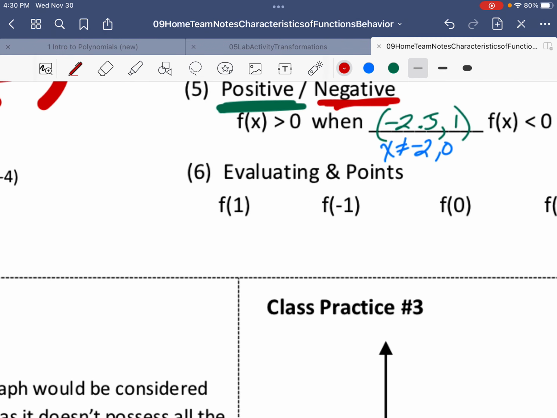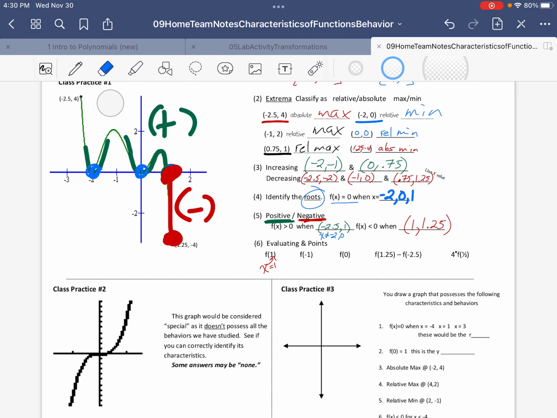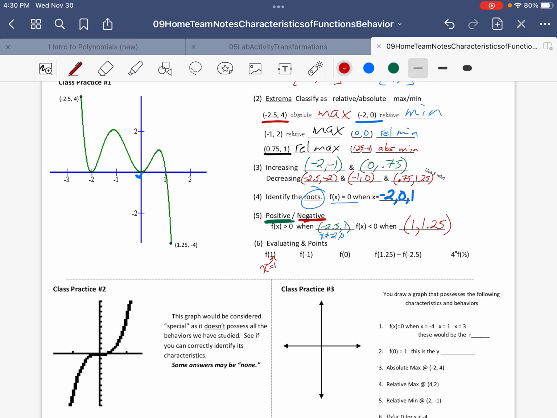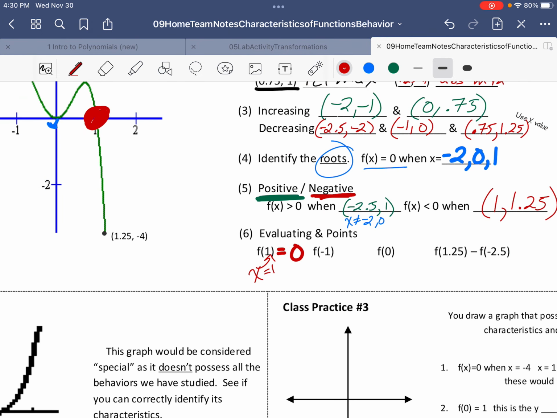And finally, evaluating. Evaluating means that we're trying to find y values. We're basically just trying to find y values for the given x values. Now these are all x values, so this would be x equals 1, and I just need to go over here to the graph to x equals 1, which happens to be right here at this red spot, and say that the y value right there is 0.